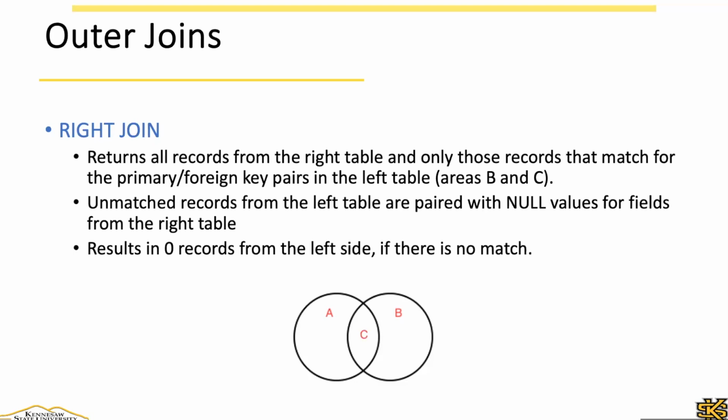If there are records in the right table that don't have a matching record in the left table, those records will still appear in the result, but as I mentioned, the fields from the left table will contain null values. The process is otherwise very similar to the left outer join, but with the roles of the tables reversed.